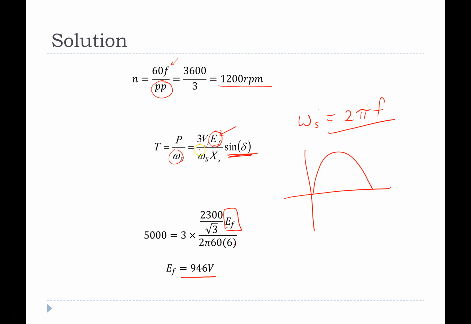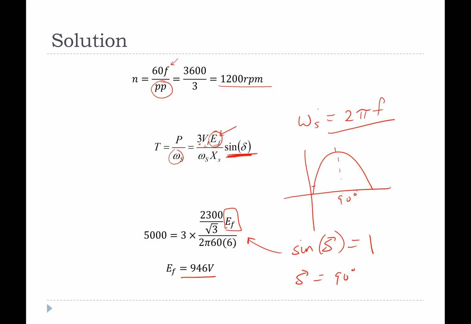EF will be a minimum when sine delta is a maximum. If sine delta is very small, then EF will need to be larger in order to satisfy the equality. So when sine delta is 1, we have this condition here, which means that delta is equal to 90 degrees.